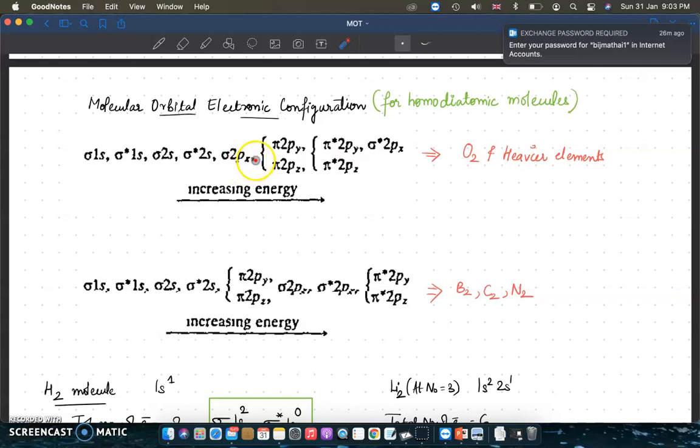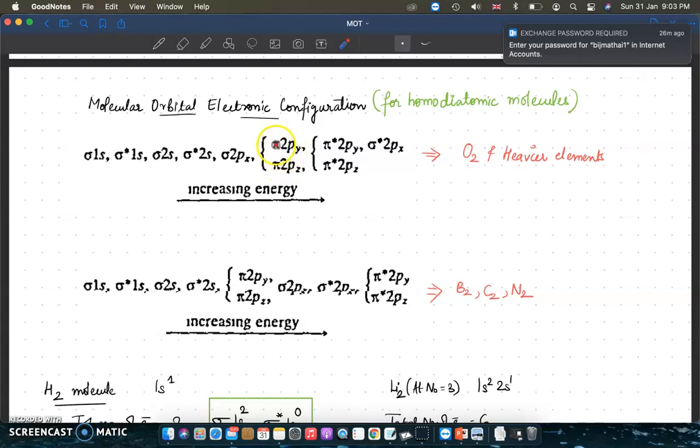In this case we have written px; some books take z as involved in sigma, so it doesn't matter much. You just follow the configuration I am giving you. The other two p orbitals, py and pz, are involved in pi bonding, and they are degenerate, so these two are of equal energy.